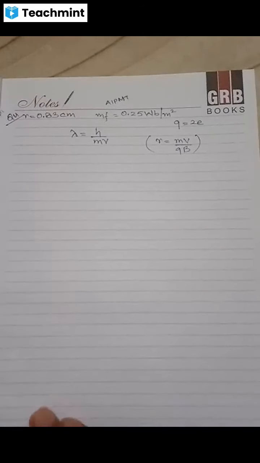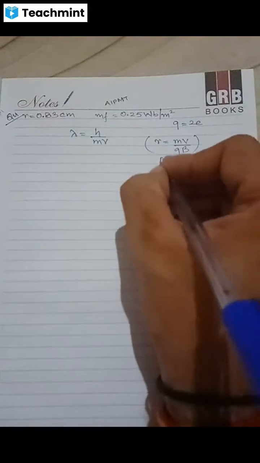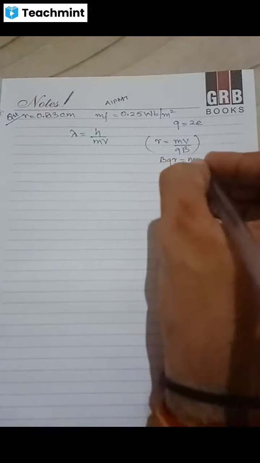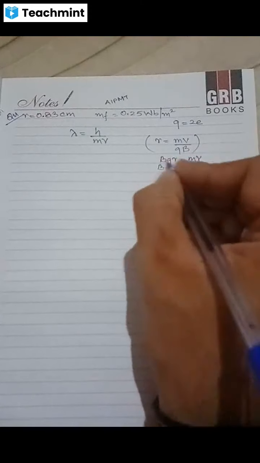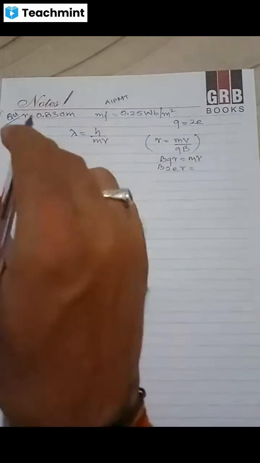By the way, I will explain the concept again in case you are facing any problem, but right now I am placing the value directly. So r is equal to mv upon qB. You can also write it as BQr is equal to mv. Now you already know the charge, which is 2e, and r is mentioned in the question, 0.83. So that is the value of mv.